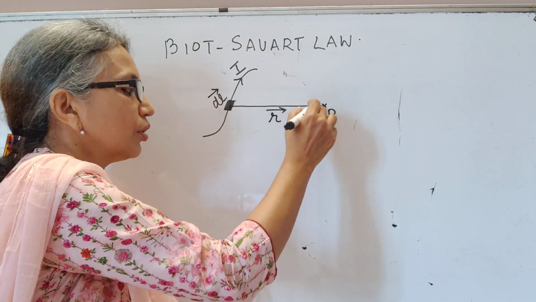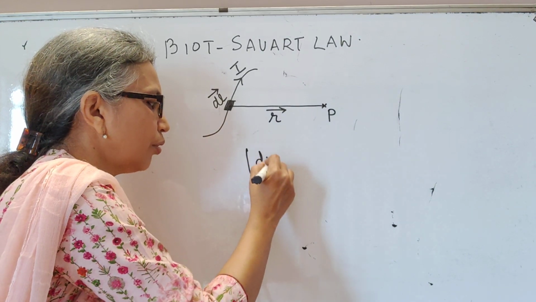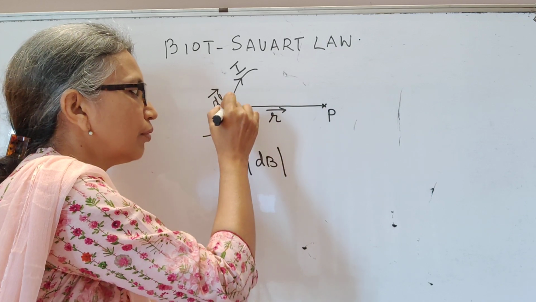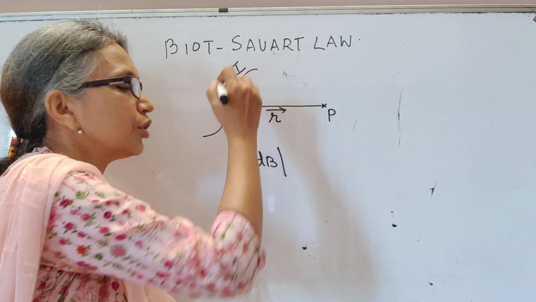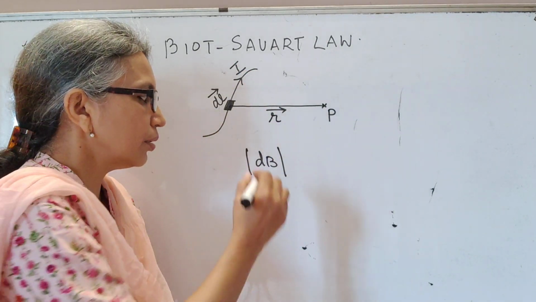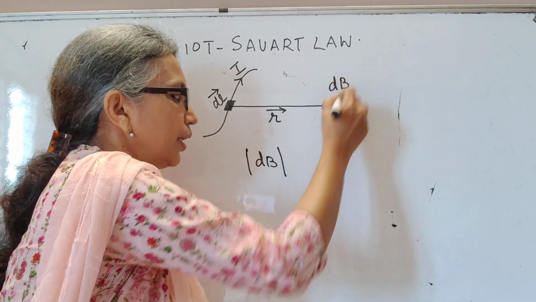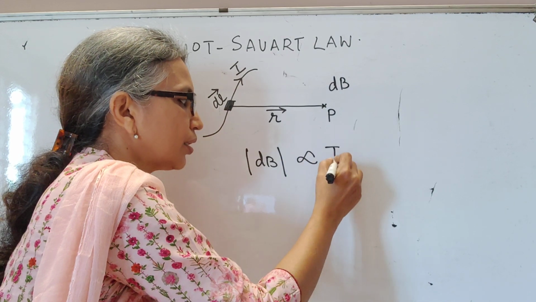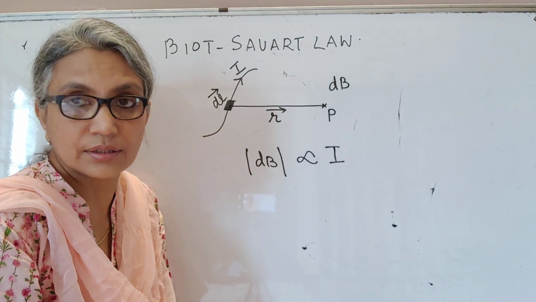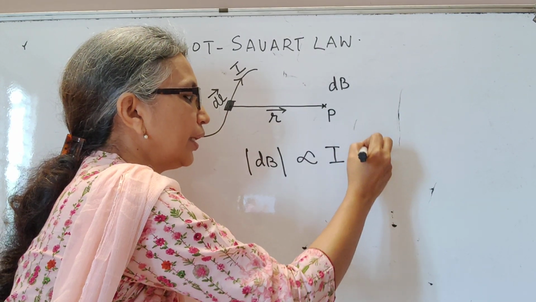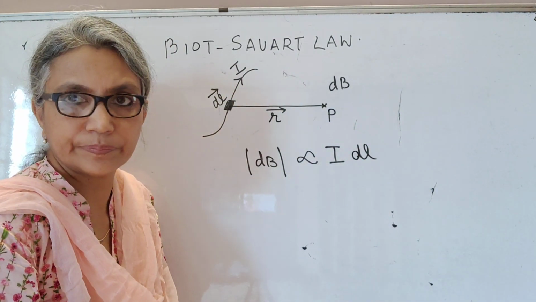So Biot-Savart law gives you the magnitude of the magnetic field produced at a distance r from this dl, which carries current I. Biot-Savart law says that this magnetic field here, dB, is directly proportional to the current in the conductor. Greater the current, greater the magnetic field. It's also directly proportional to the length of the current element, dl.